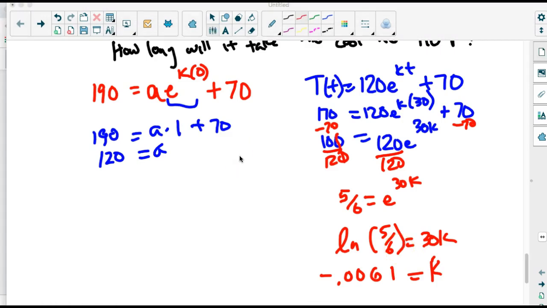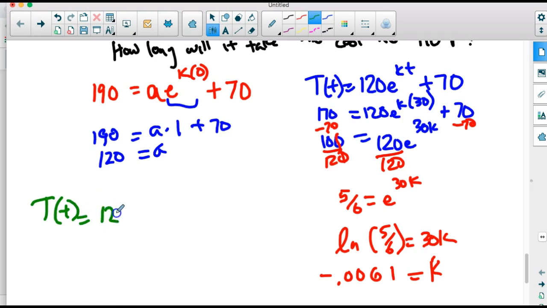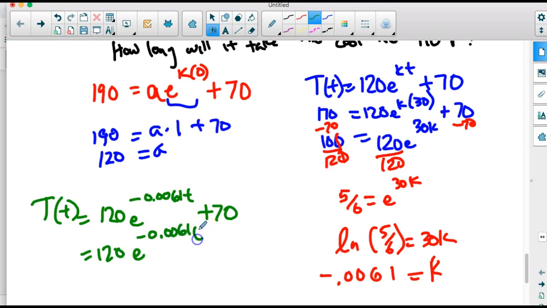I'm going to put in the equation completely. So now I know my equation is T sub t equals 120 e to the negative 0.0061 t plus 70. Now if I want to put in 70 minutes, I'm just going to evaluate this with a calculator to get the answer.